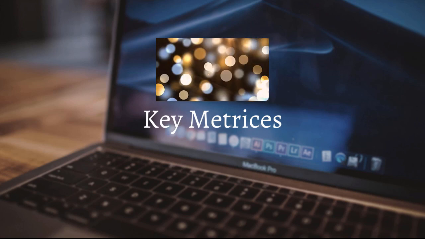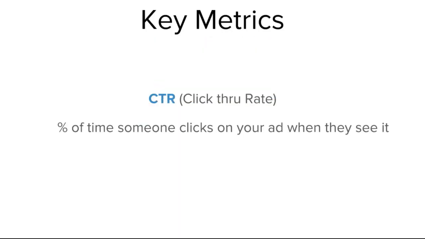So the first one that I want to talk about is click-through rate. Anytime you see a report or anywhere where we just say the word CTR, you'll know that we're talking about click-through rate. And this is basically just the percentage of how many people click on your ad out of how many people see it.